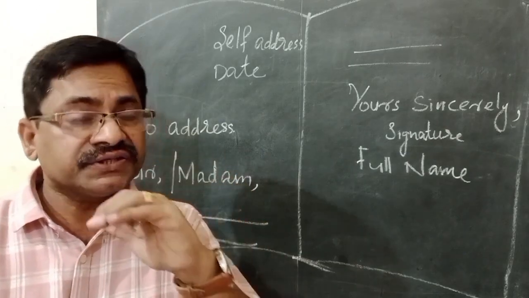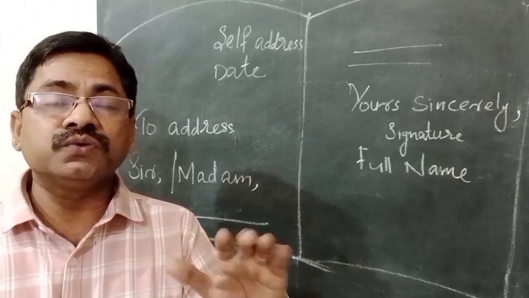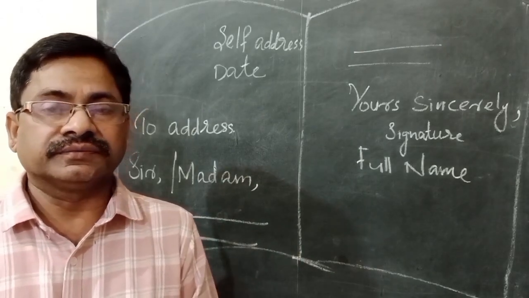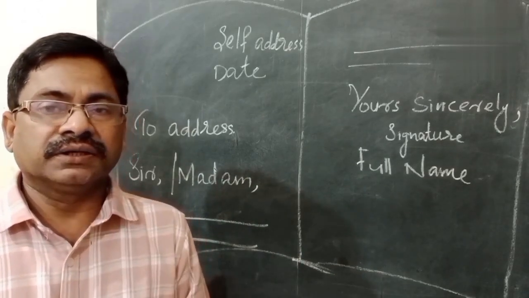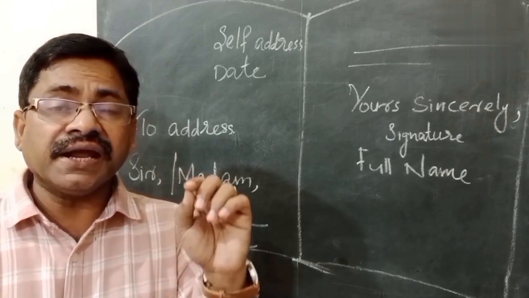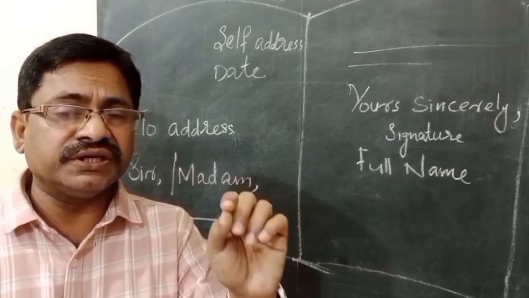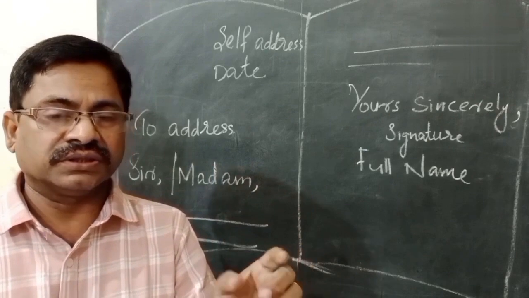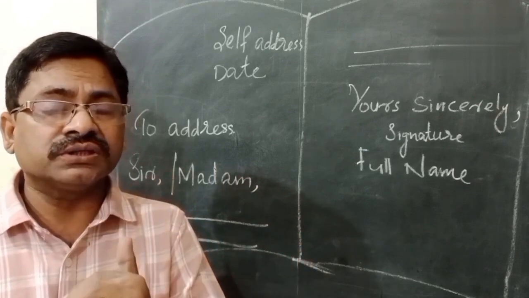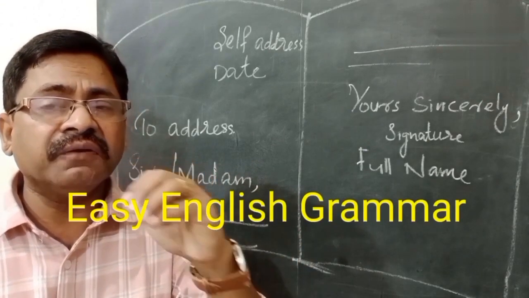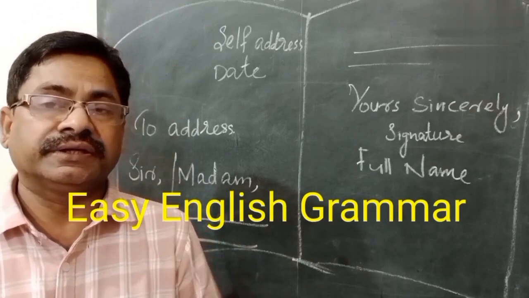How can we easily write a to address? Let us see. For example, write a letter to the assistant engineer of electricity board complaining about the frequent failure of electricity.